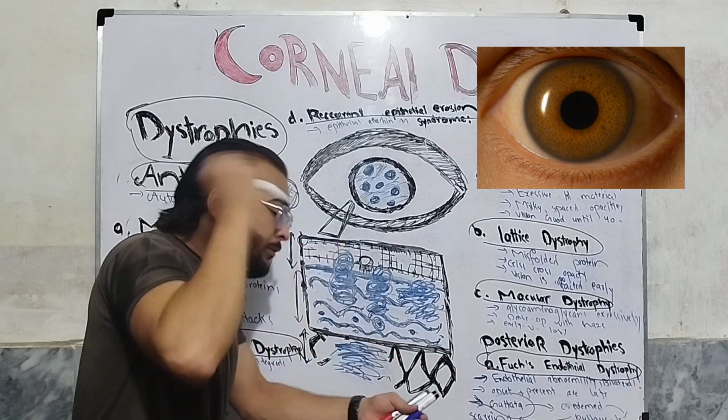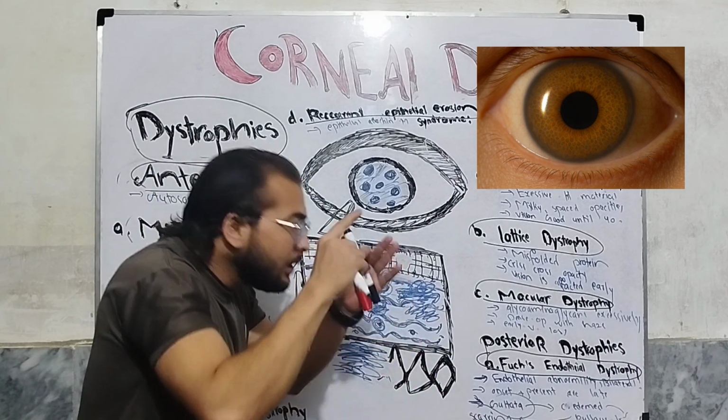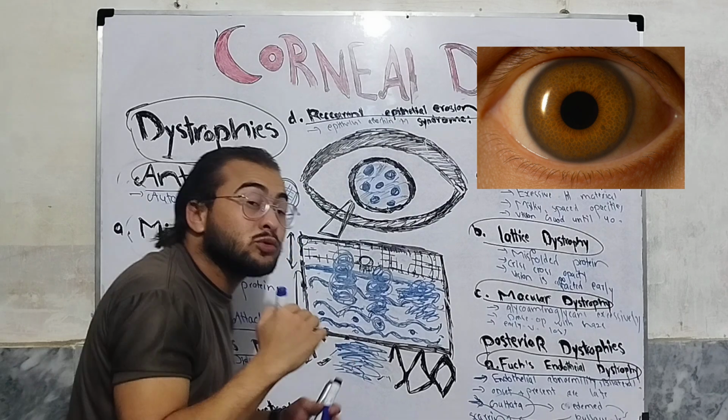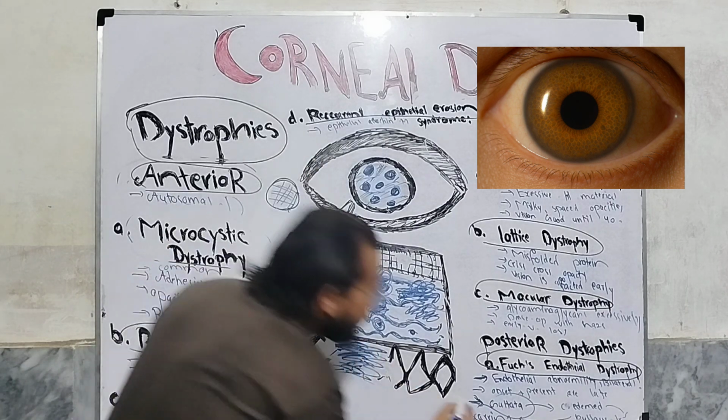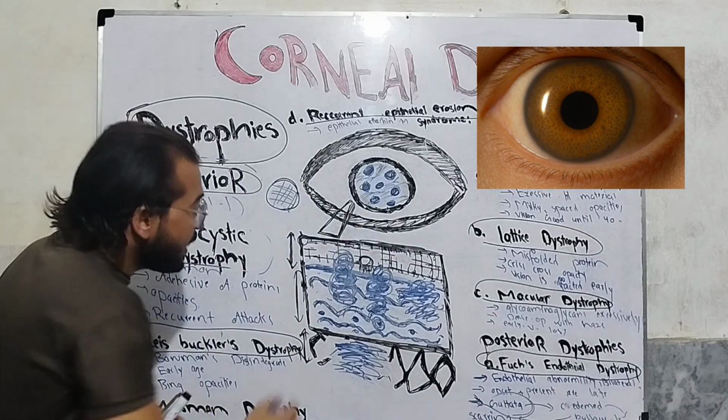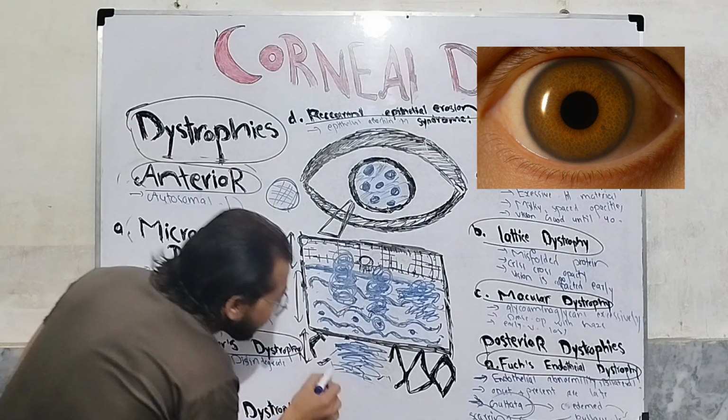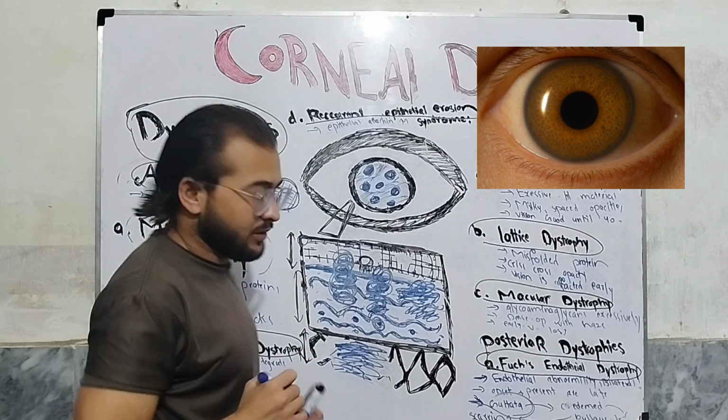Like when a metal is beaten, when we look through the endothelium with the slit lamp, there will be a beaten metal appearance, which is called guttata, due to the disorganized deposition of collagen fibers.